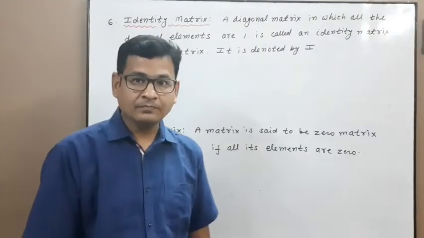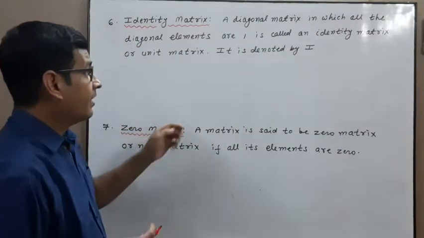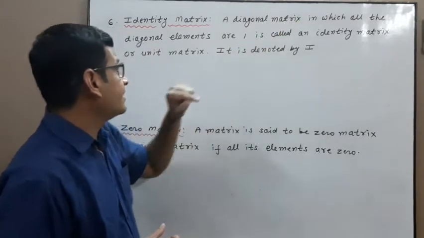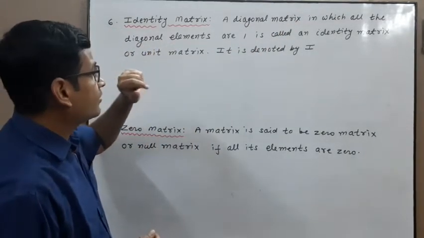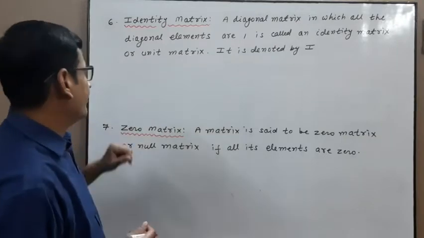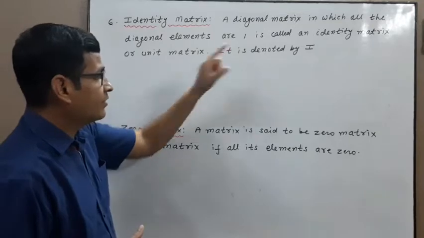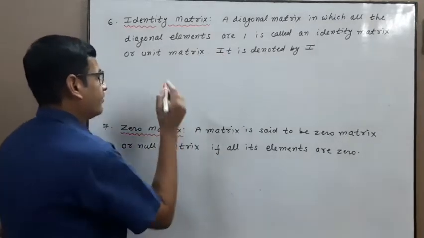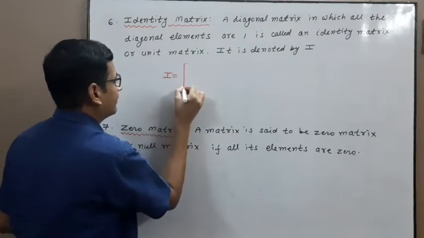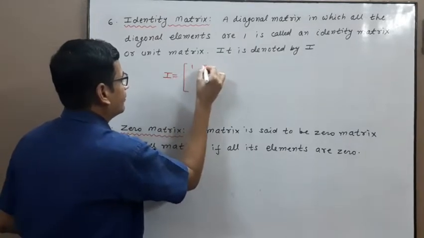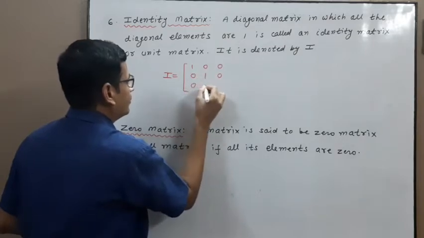Next type, identity matrix. A diagonal matrix in which all the diagonal elements are 1 is called an identity matrix or unit matrix. It is denoted by I. For example, 1 0 0, 0 1 0, 0 0 1.